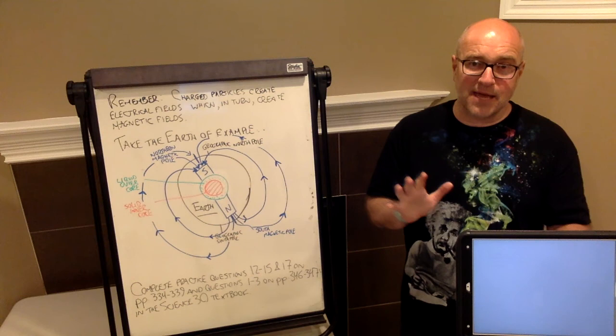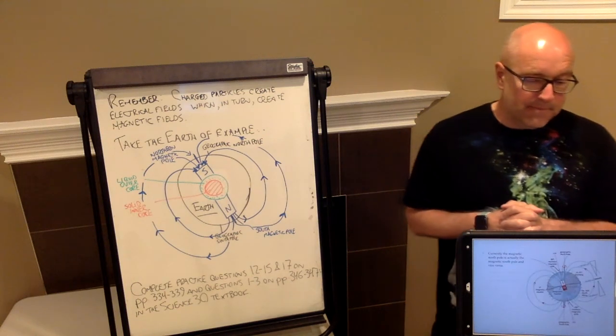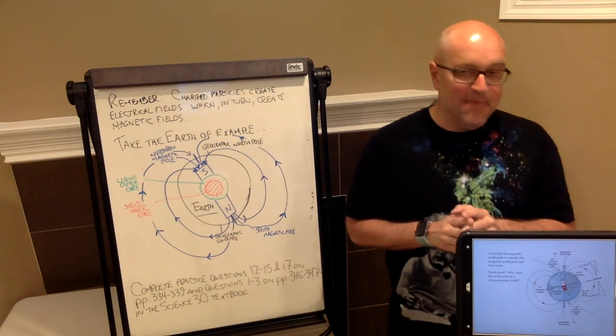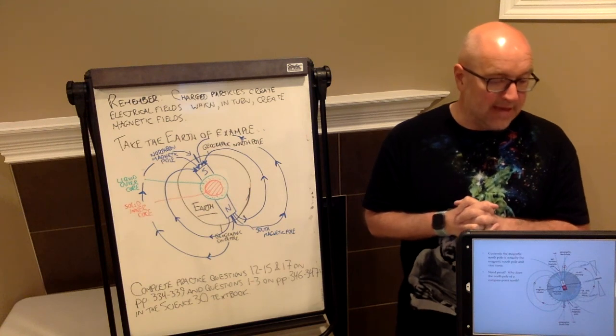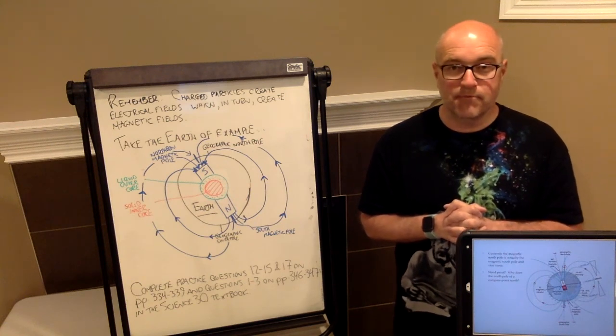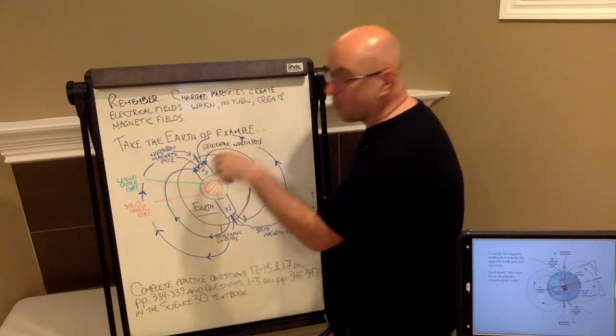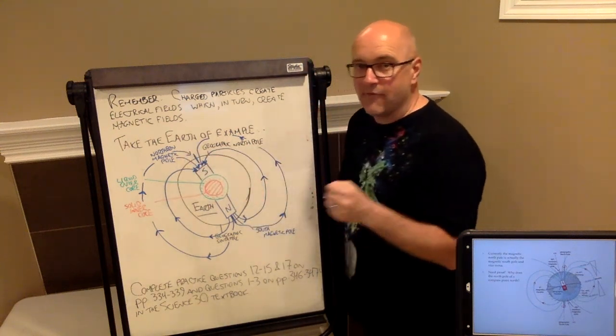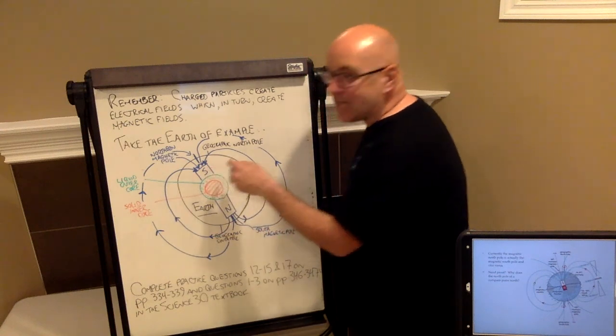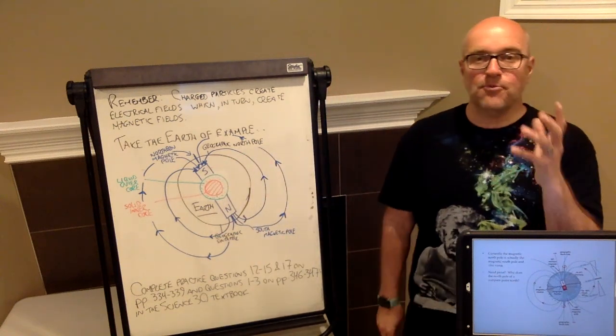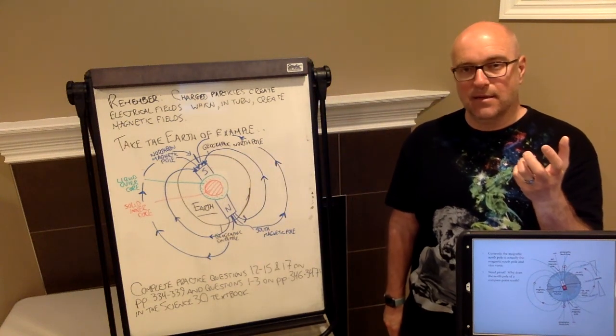Because this is where things get a little weird. Technically, the magnetic North Pole is actually the magnetic South Pole. The northern magnetic pole, right now, if the Earth was a bar magnet, is actually the South Pole of the magnet.